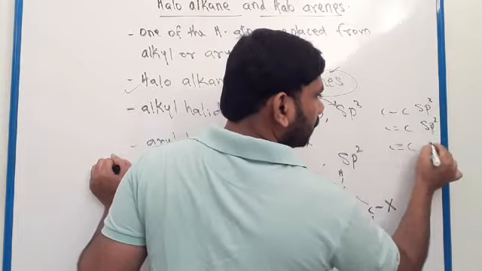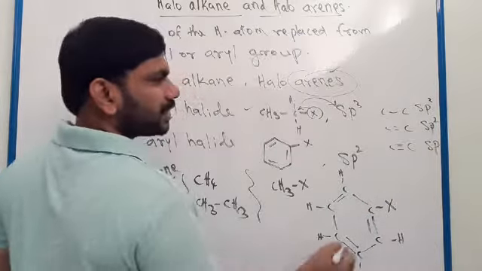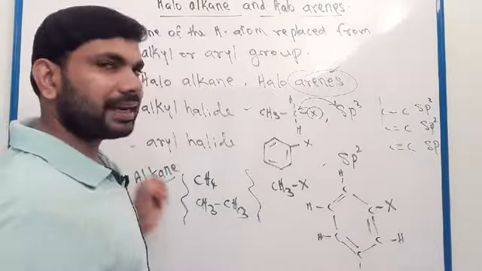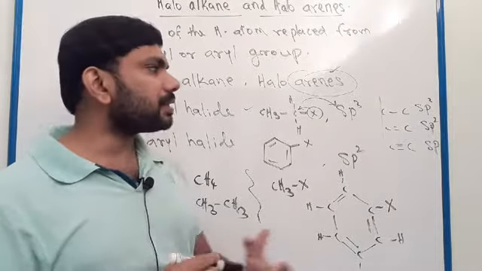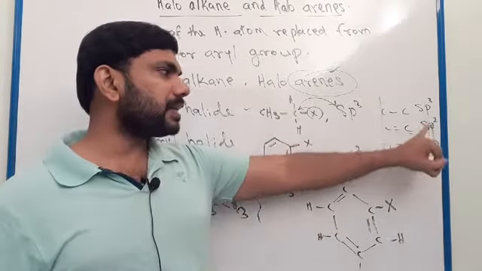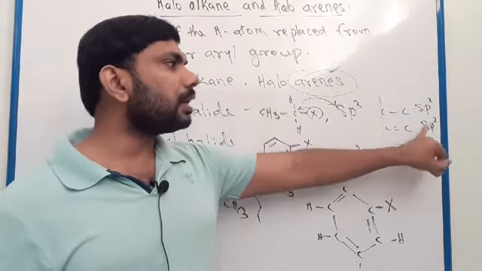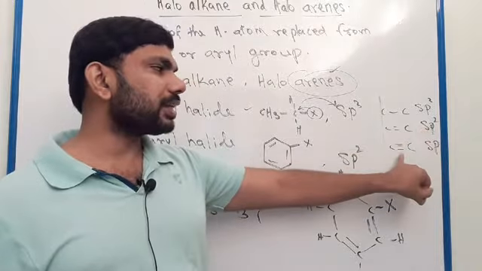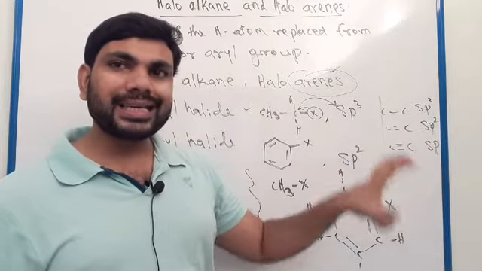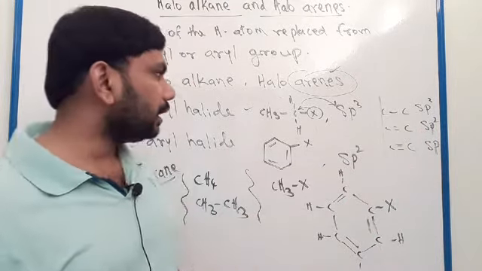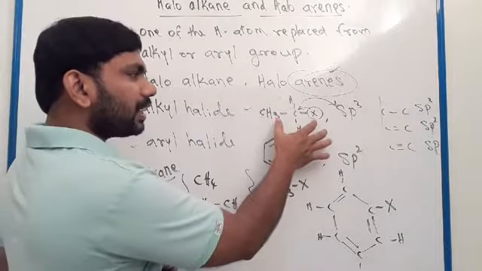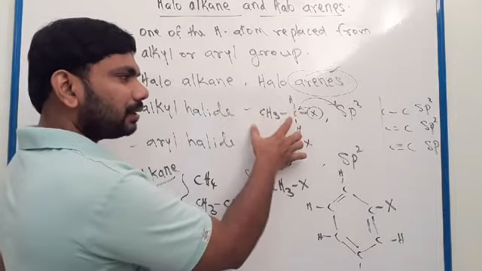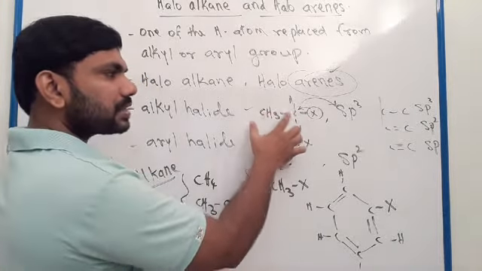Carbon triple bond is sp hybridization. You learned this in grade 11. So here halogen is attached to a carbon with a single bond.